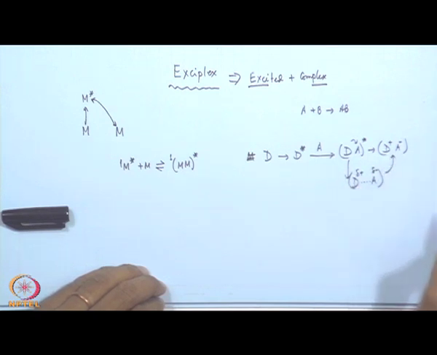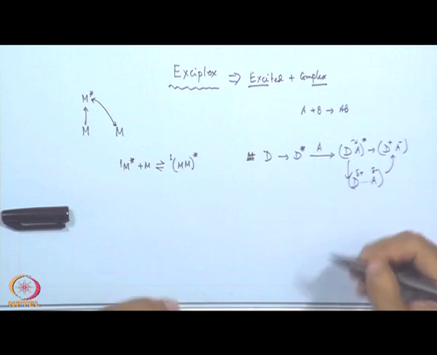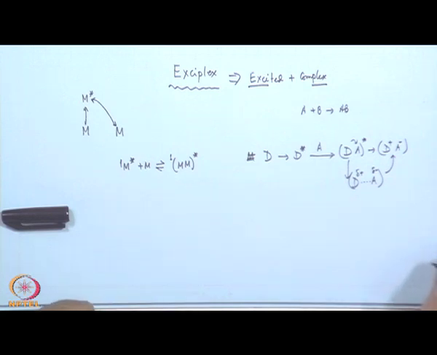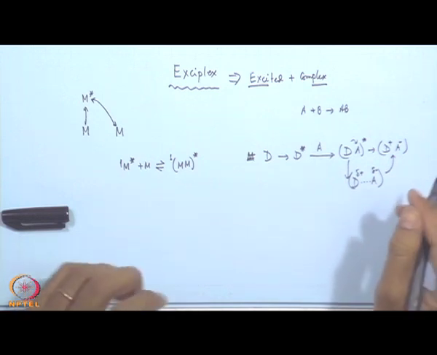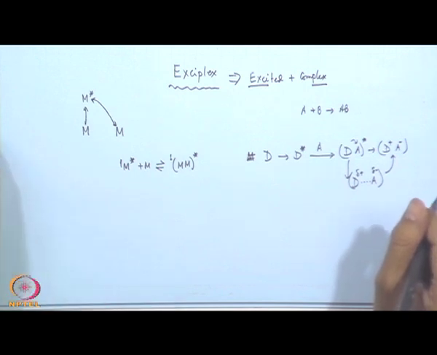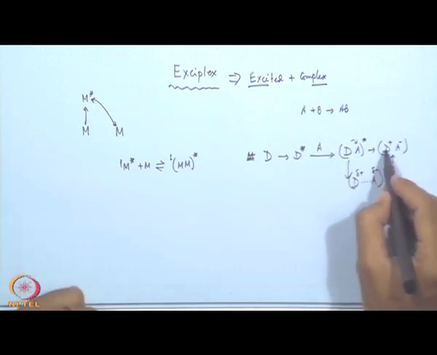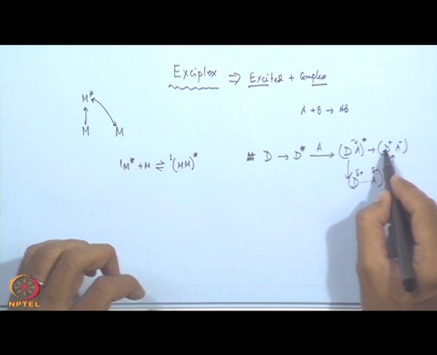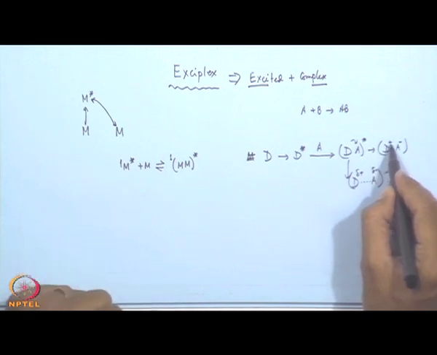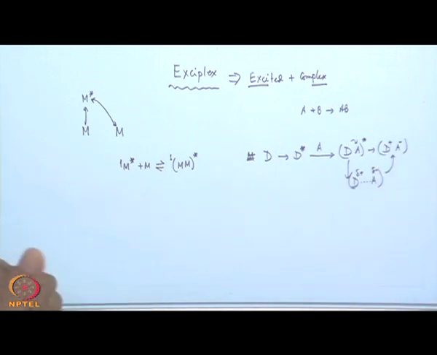So, it is a charge separation, and then a charge transfer complex formation. This charge transfer means there is a Coulombic interaction between plus and minus that holds these two entities, D plus and A minus, together.